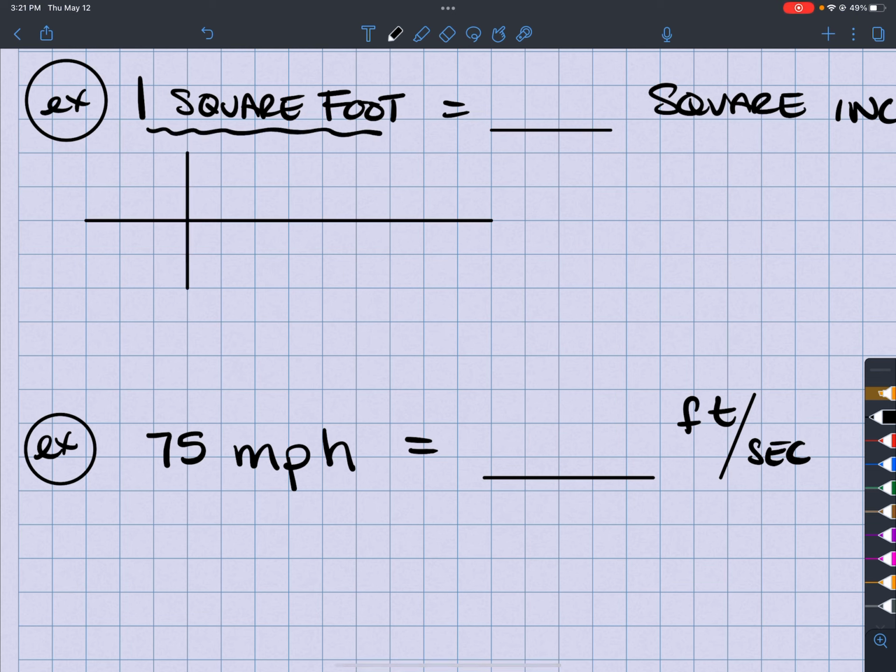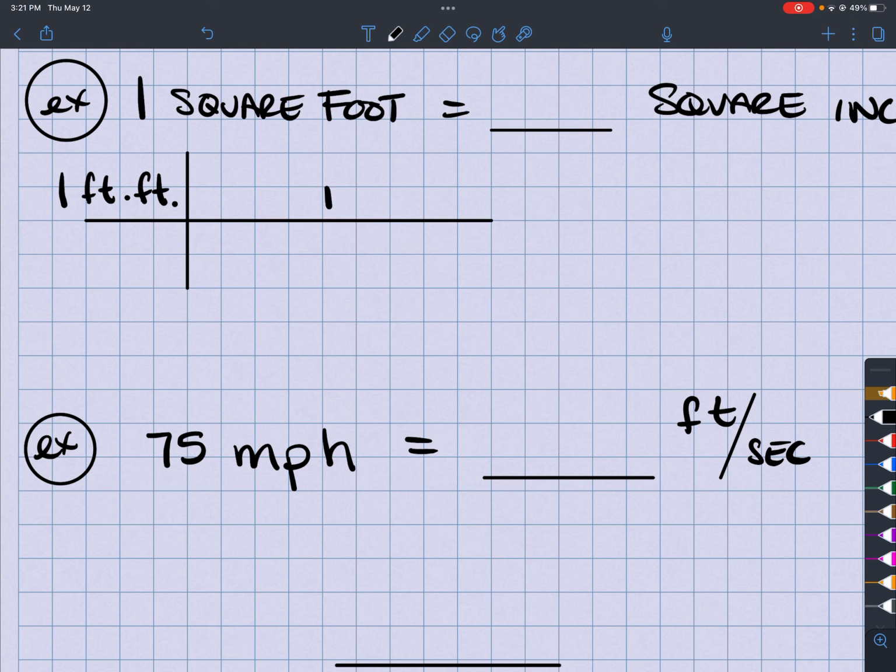1 square foot is also known as 1 foot squared, and foot squared just means foot times foot. So 1 square foot would mean 1 foot times foot, and I want the foot times foot to be inches squared.